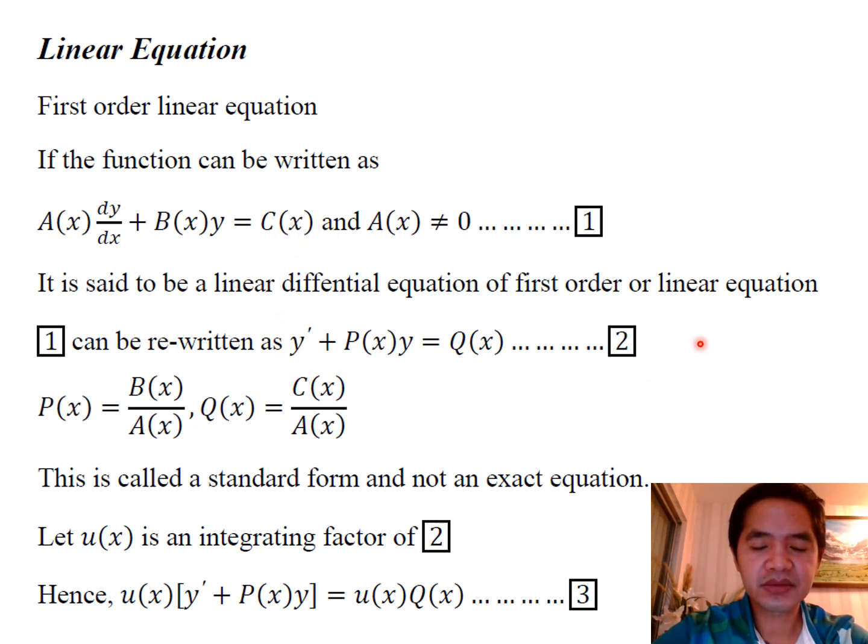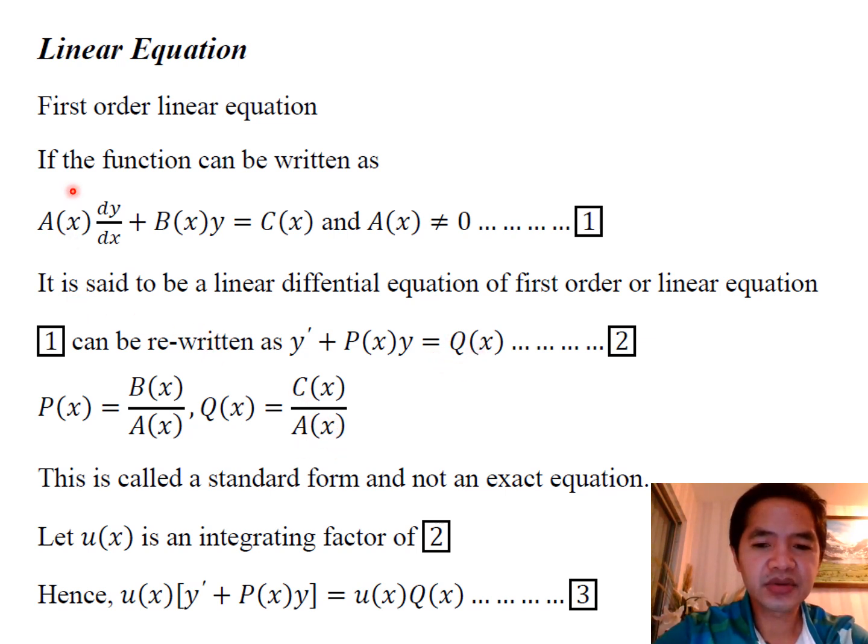Also we can write it in this form, which is dy over dx, which is y prime plus p(x) times y equal to q(x), where p(x) is bx over ax and q(x) is cx over ax.